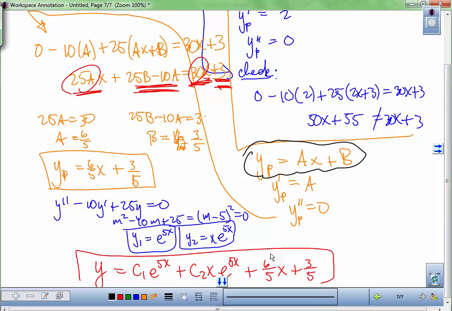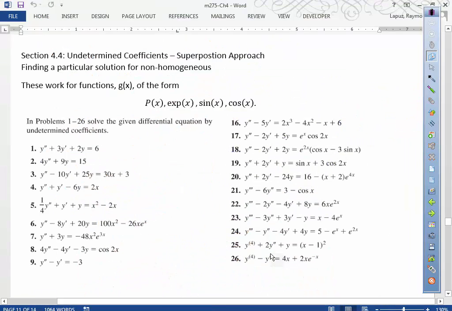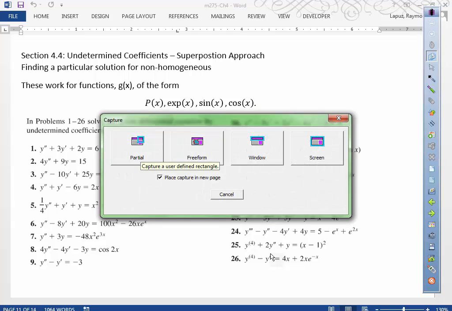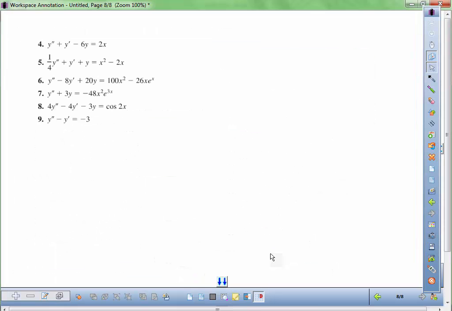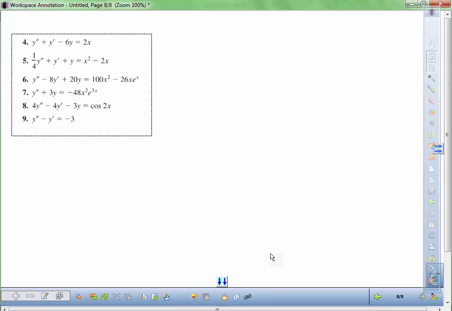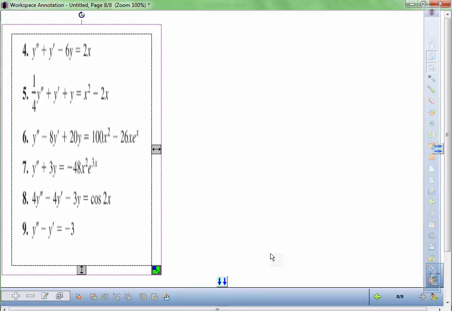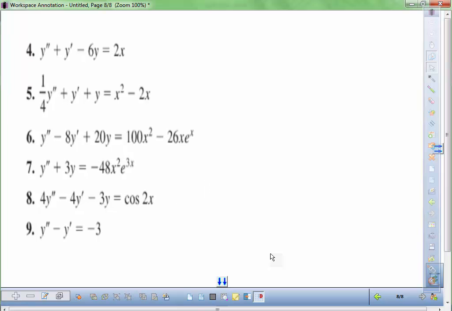So let's take a couple of these problems, and without actually solving for them, let's imagine what form they will take. So for the moment, ignore the differential equation part.